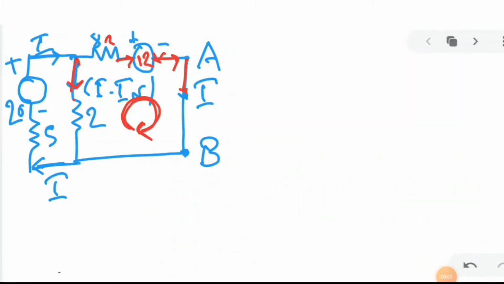Here the current direction is this, and the loop direction we assumed is this, so it is the same direction. So it is minus 8IN.